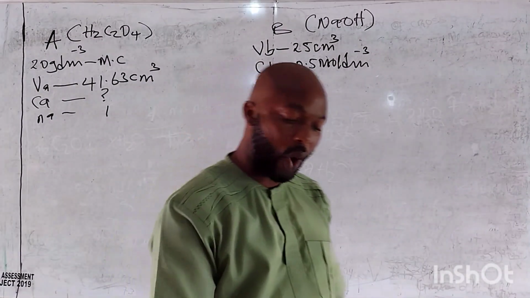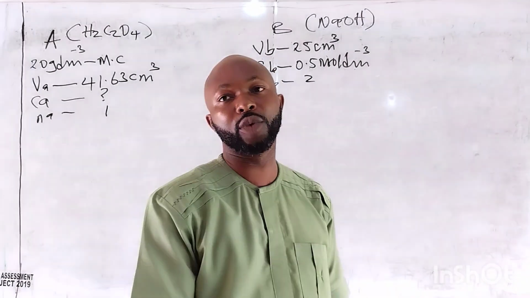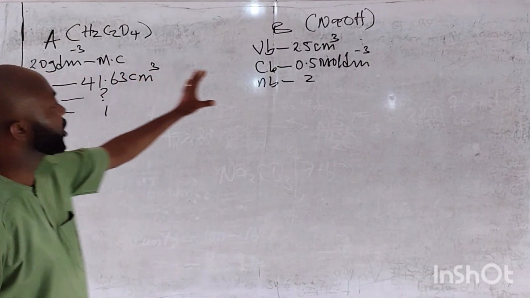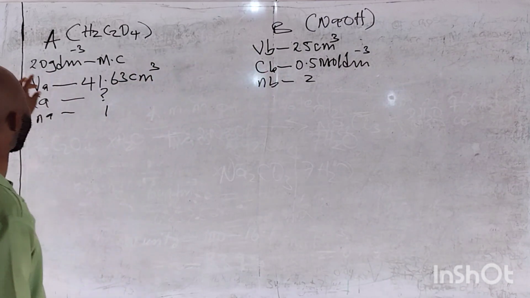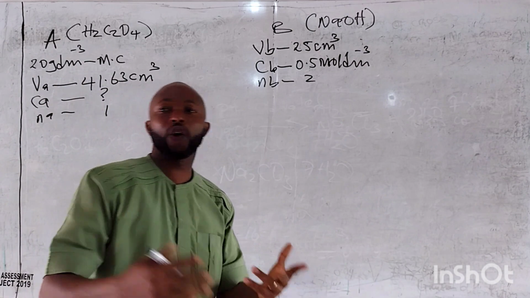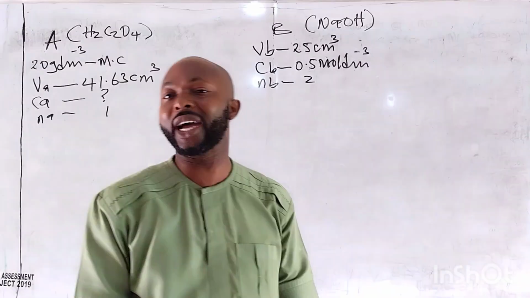Now, question number 1. We should calculate the concentration of the acid in mole per dm³. Now, what's the concentration of the acid? They've given us that of the base. We don't know that of the acid. For molar concentration of a substance we have various formulas, like I said, the CAVA formula is there.